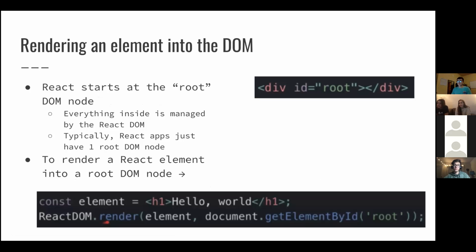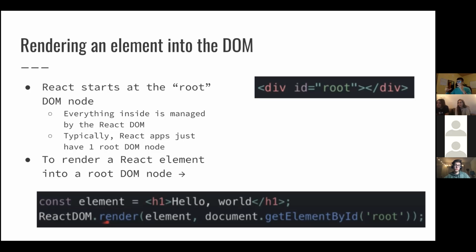So React all starts at something called the root DOM node. If you've made a React app before, you might have seen that there is a div with an ID of root that I think typically occurs in the index.html file. I could be wrong about that. But it is in the HTML that is served immediately.